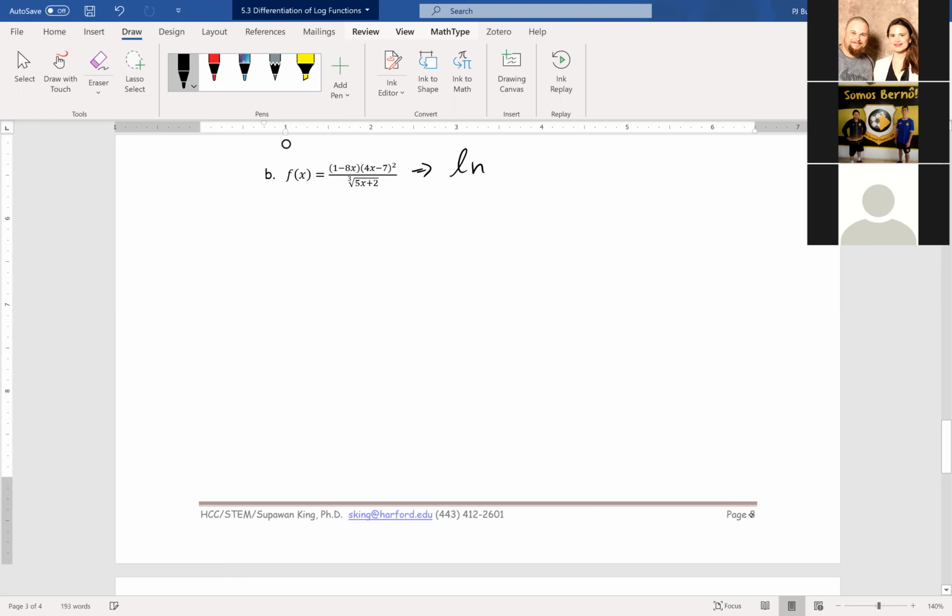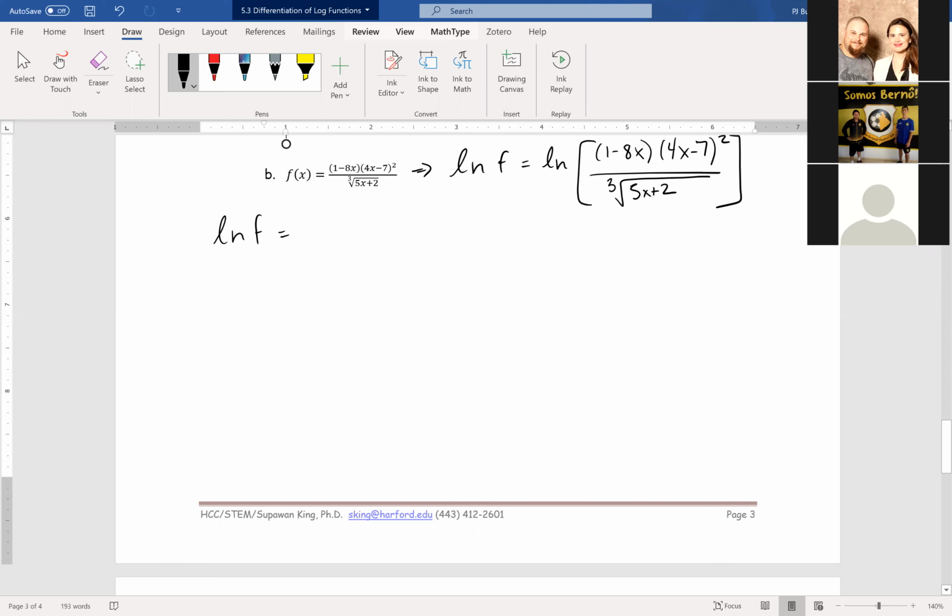I'm going to take log, I'll just call it f instead of f of x. And I'll take natural log of the other side. Now, the right-hand side, I can break that up into 3 logs.